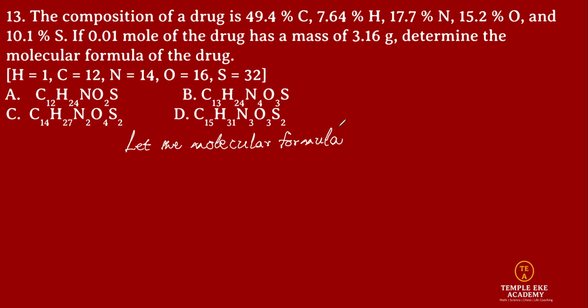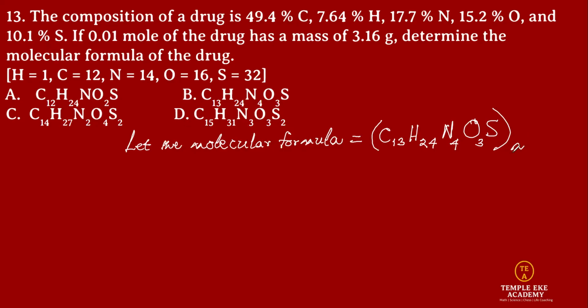So we have our empirical formula, we have it already: C13H24N4O3S. Now we have to append n, where n is an integer. And then we need to determine n to obtain the molecular formula.